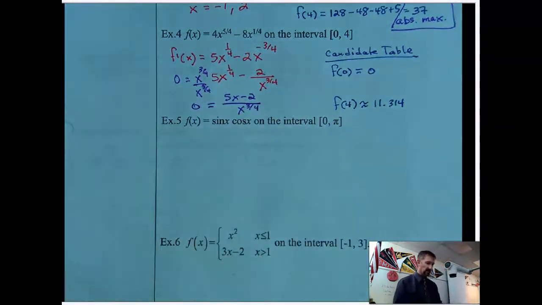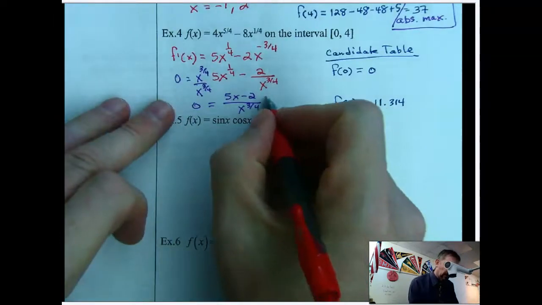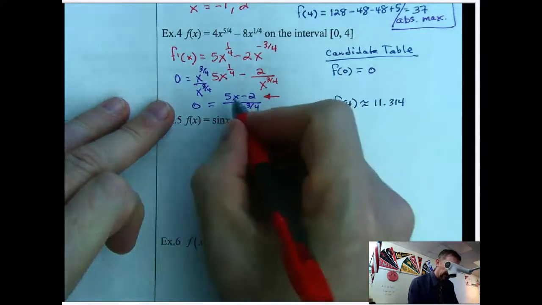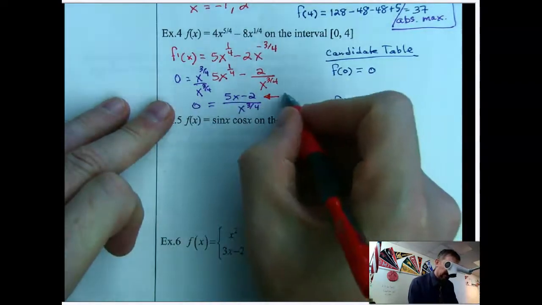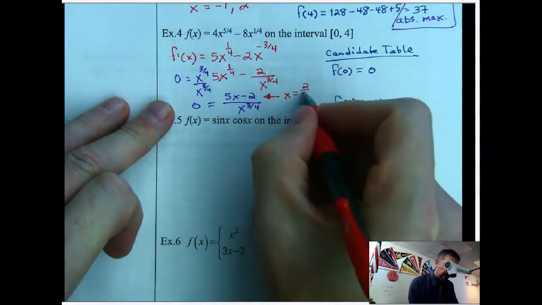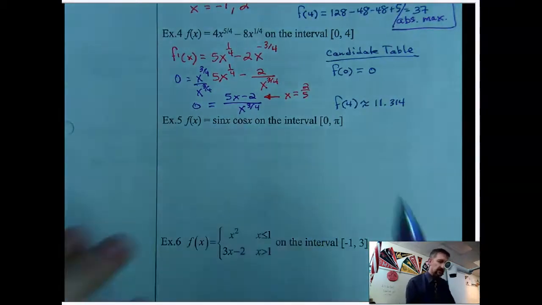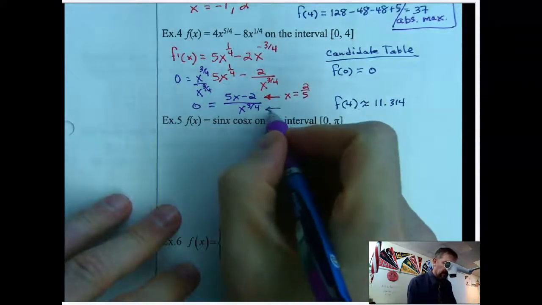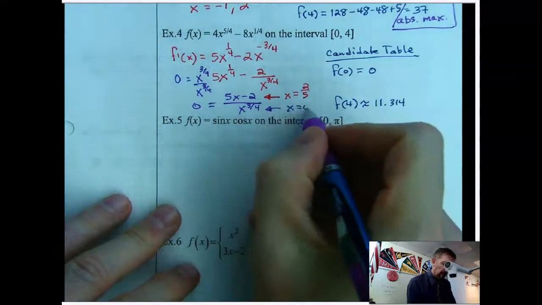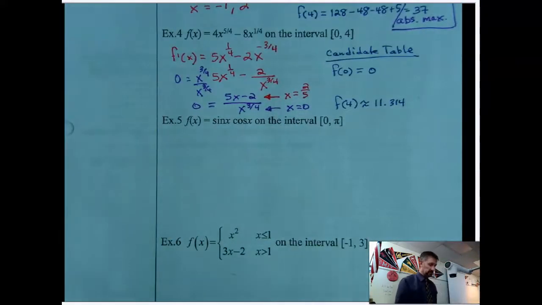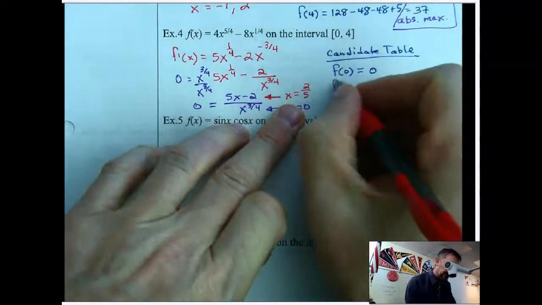Now if we go back, the numerator is 0 at 2/5. And the denominator is going to be 0 at 0. Okay, well we already have 0, so that's fine. So we need to test 2/5.